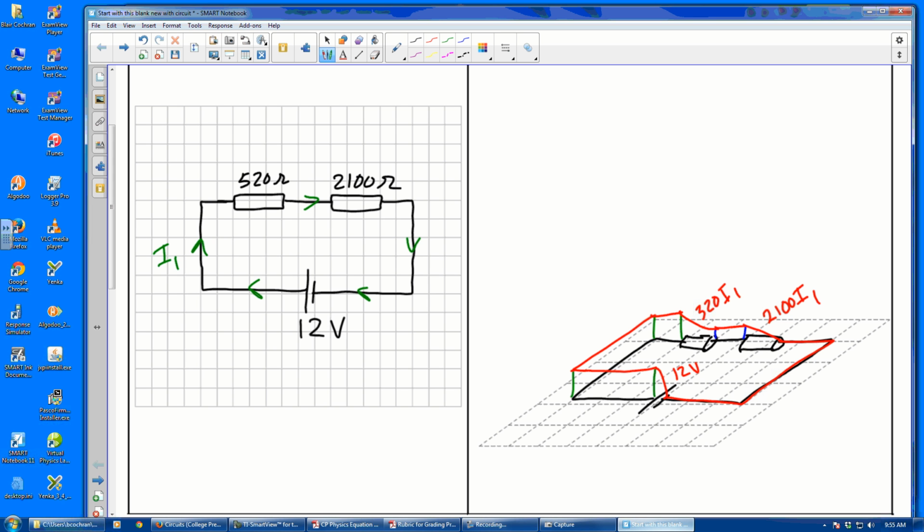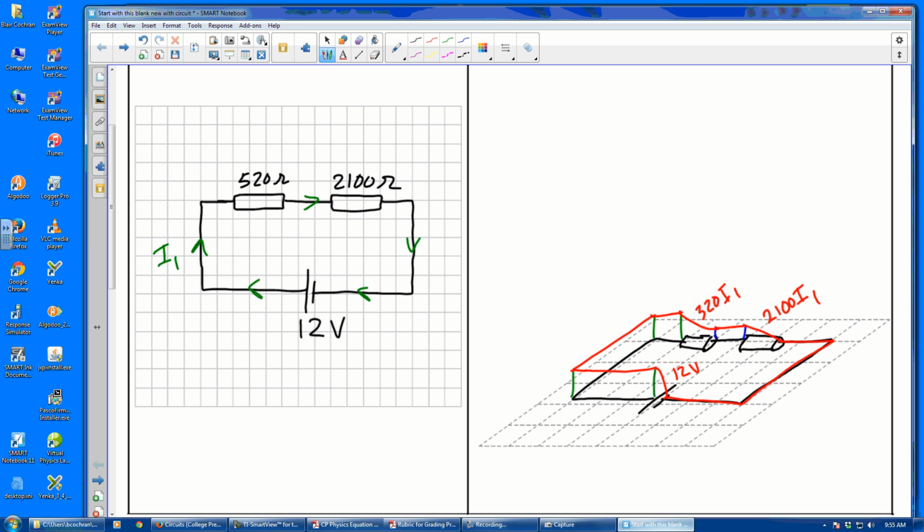Question? How do I know to put them where? The green lines? Because I know that the positive side of my battery is the long side, and the negative side is the small side. If you look on your packet in the inside front cover, there's a nice listing of all the symbols used.